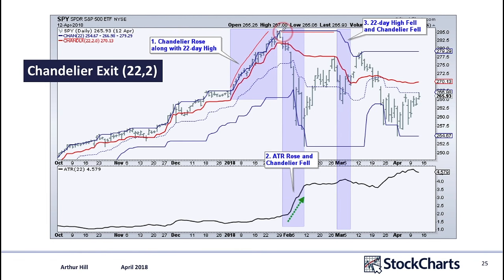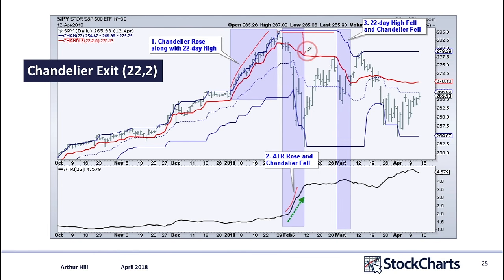All right. Then we had the 22-day high flat, but the Chandelier Exit fell. And why is that? Well, that is because the ATR rose. Volatility turned up. So when volatility turned up, the value of the ATR moved higher. And since the Chandelier Exit is 2 ATR values below the 22-day high, this distance grew because the ATR value was rising.